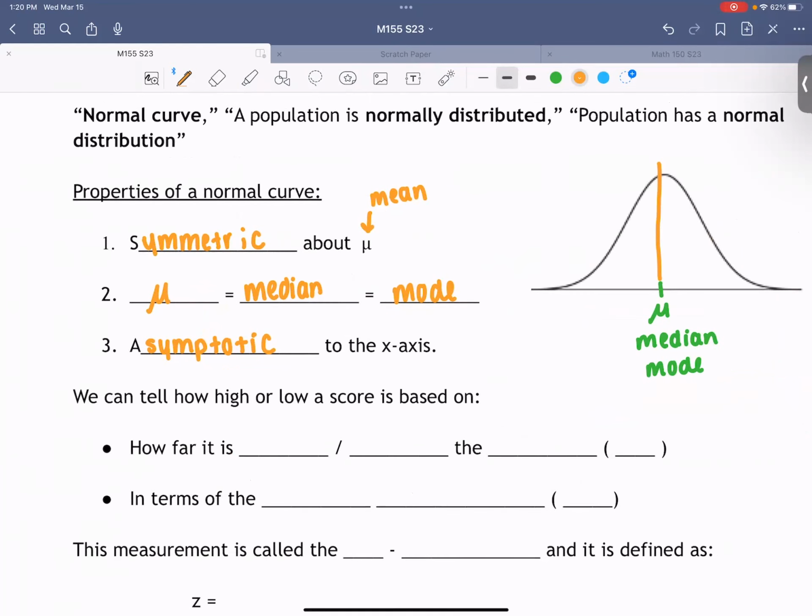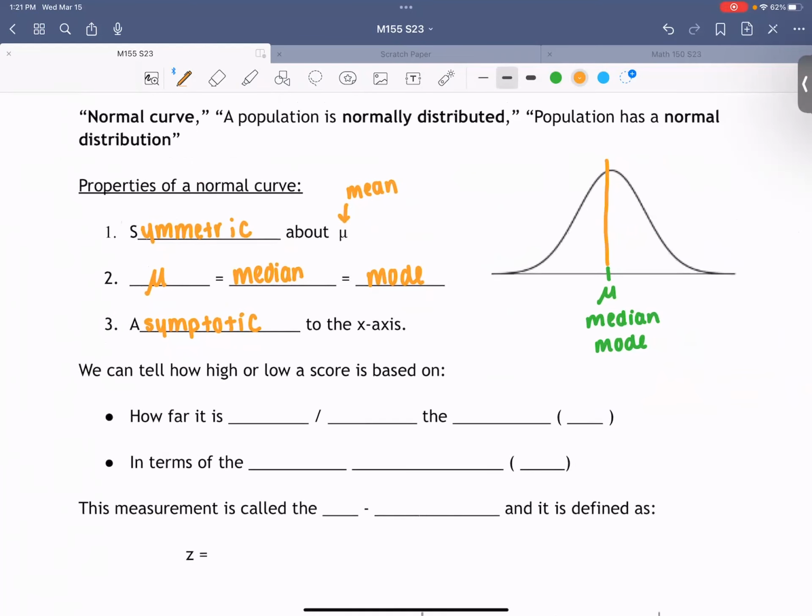Okay. Now, let's just do some review based on what we've done before, but I feel like it's just been a while, so maybe we need a little review here. Whenever we talk about a score on the x-axis, any x value close to the mean, far away from the mean, we have been able to measure how high or low that score is based on how far it is either above or below the mean, right?